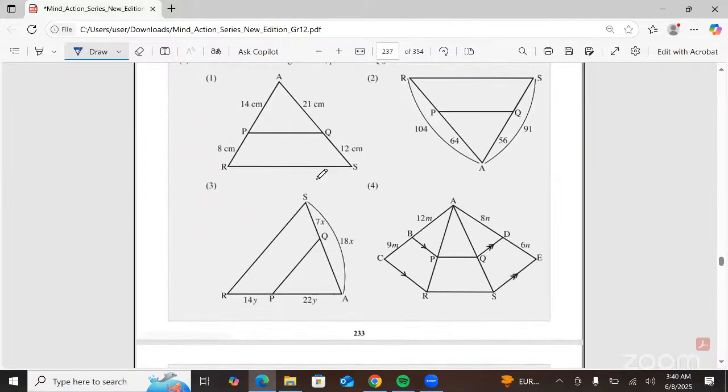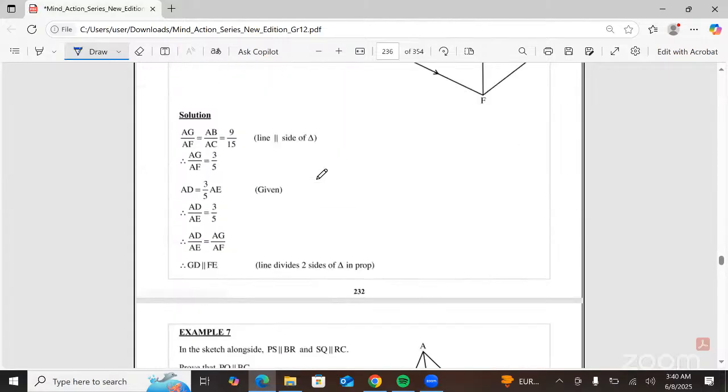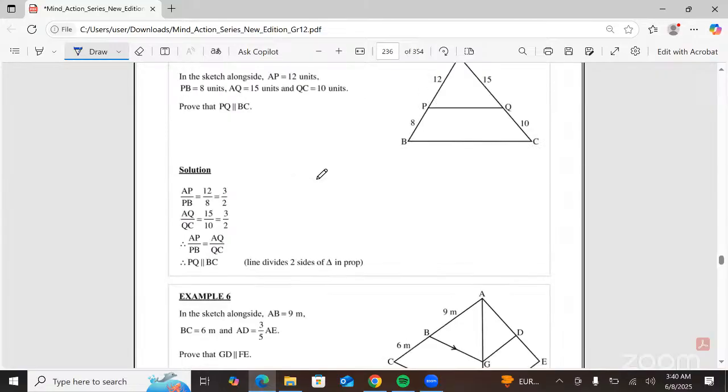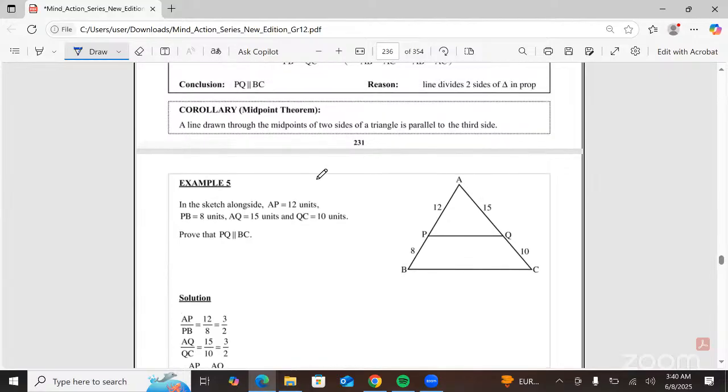So this is what we did with the last question when we were together with the whole class of grade 12. With the previous part, we were working with the proportionality theorem, whereby we were given parallel lines.